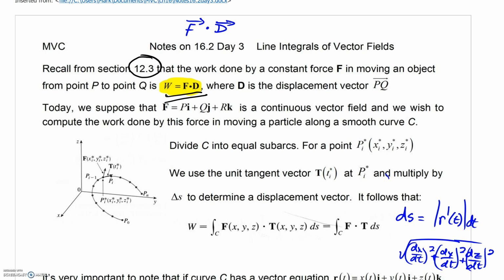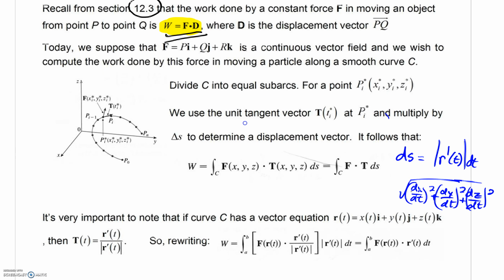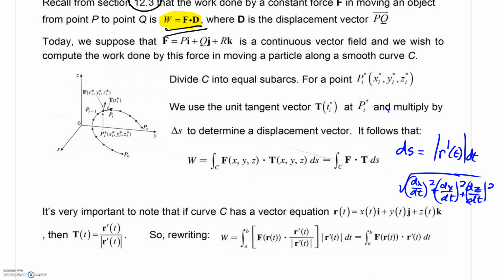What we're going to do is revisit that idea, but now we're dealing with a vector field. That's how we started chapter 16. Remember, a vector field was such that for any point x, y, z, in a two-dimensional plane or in 3 space, we could plug that into a vector function and get a vector associated with that point.